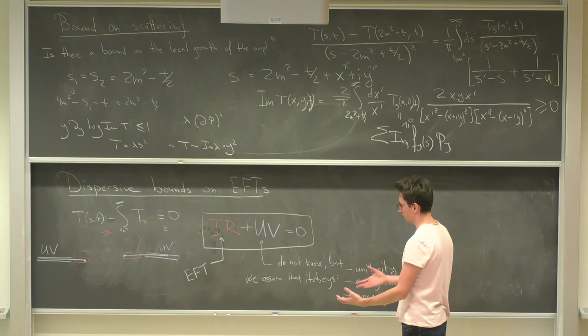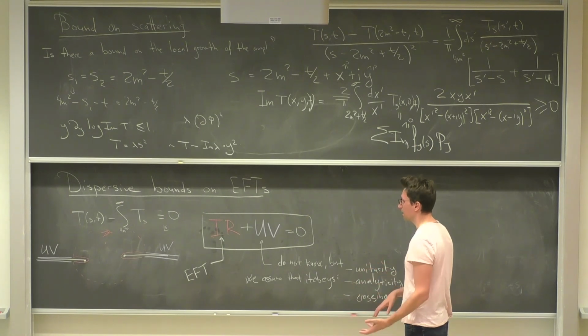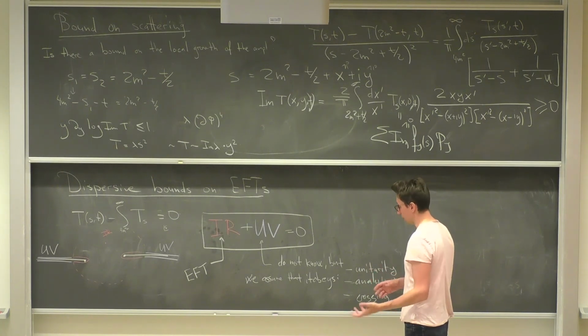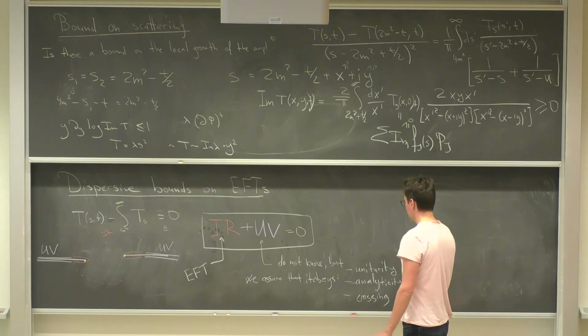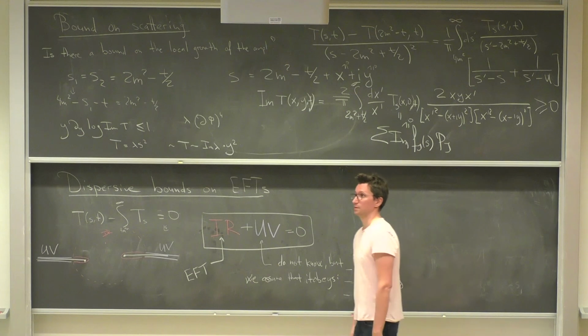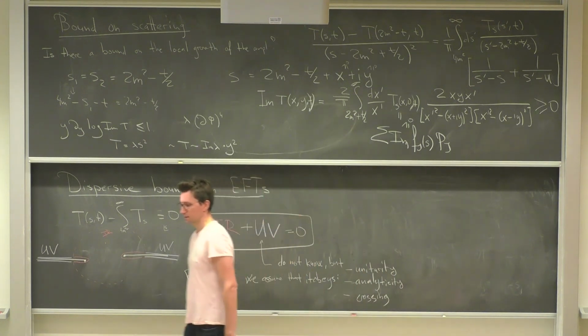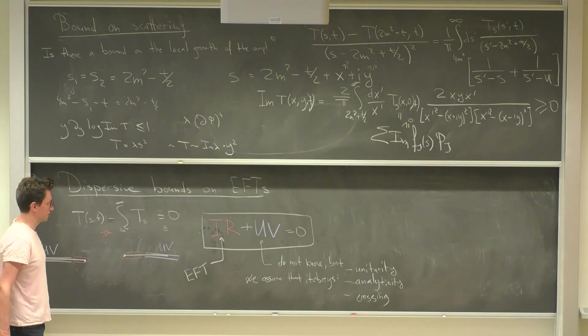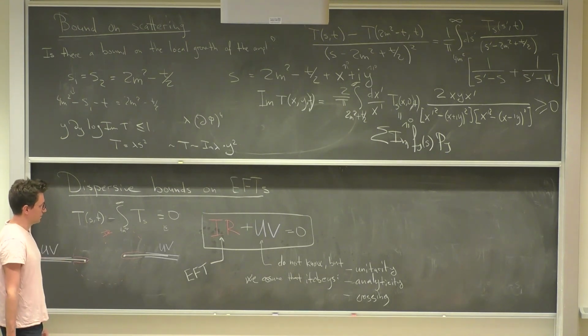What can you say about the UV starting from the IR, or about the IR from the UV? This is something maybe I'll discuss next time, because this is a topic of some recent developments, and so maybe I'll spend some time talking about it.